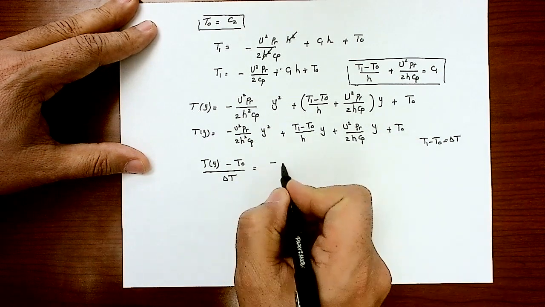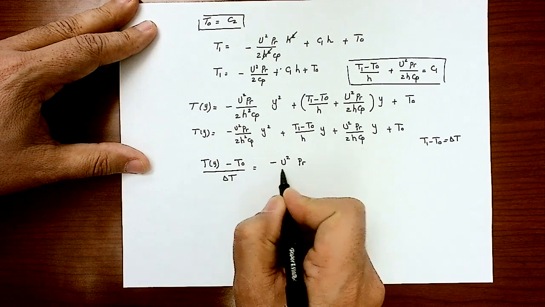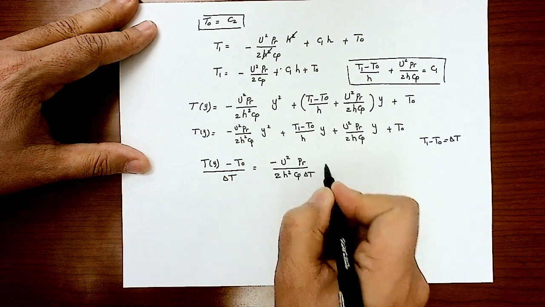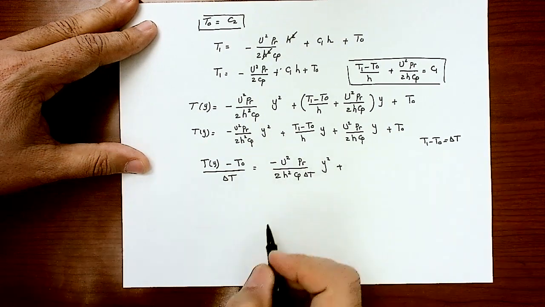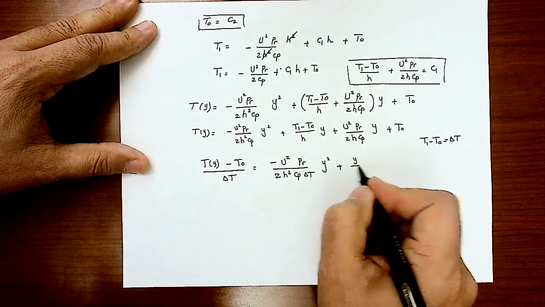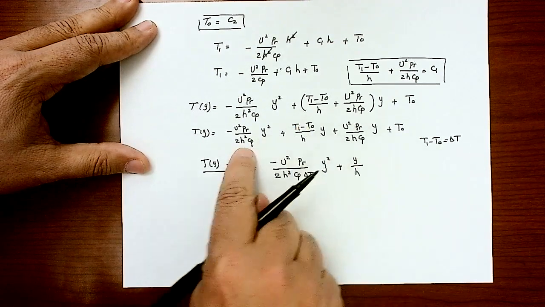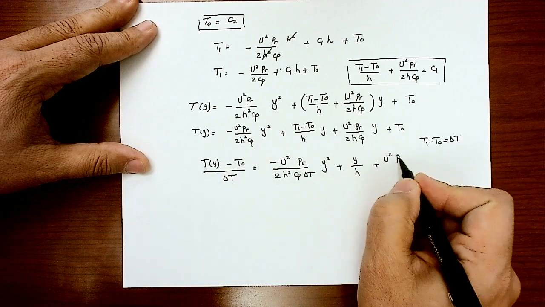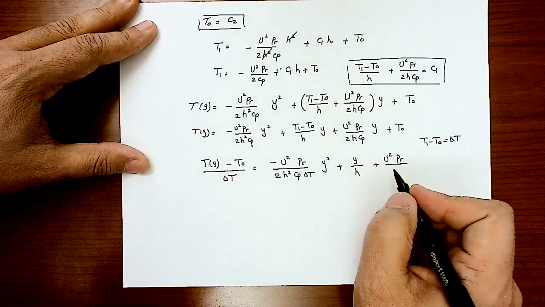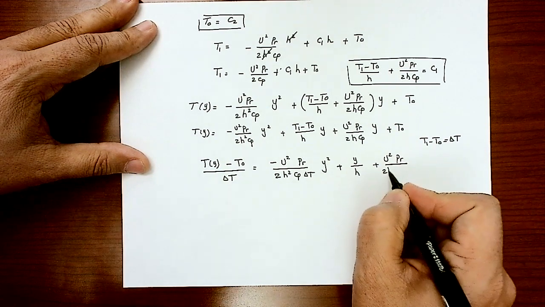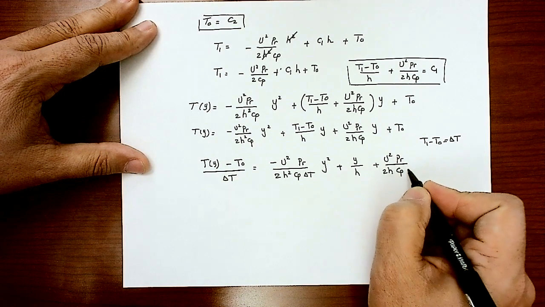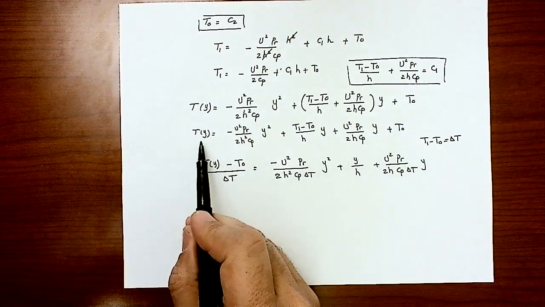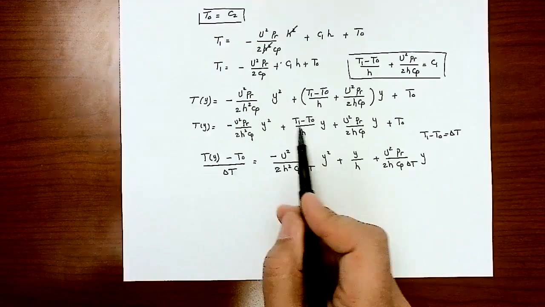We got minus U square Prandtl number over 2H square CP, that's delta T, Y square, plus Y over H. Remember, delta T is gone from here. I divided by delta T, so it came here. Then plus U square Prandtl number divided by 2H CP, and there's delta T, and this is times Y. So T naught came to this side. Then I divided all the equation by delta T.